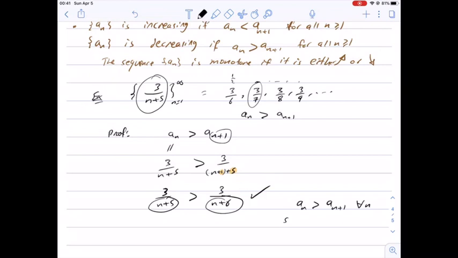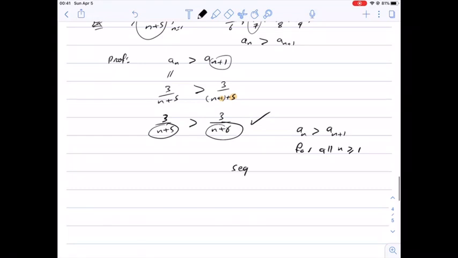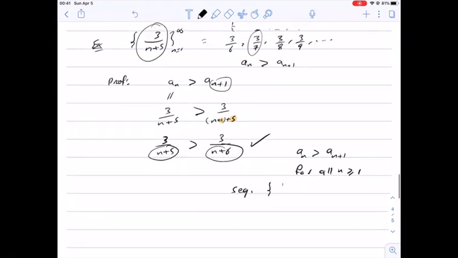So the sequence, for all n greater than or equal to 1, or in natural numbers, the sequence 3 over n plus 5 is decreasing.